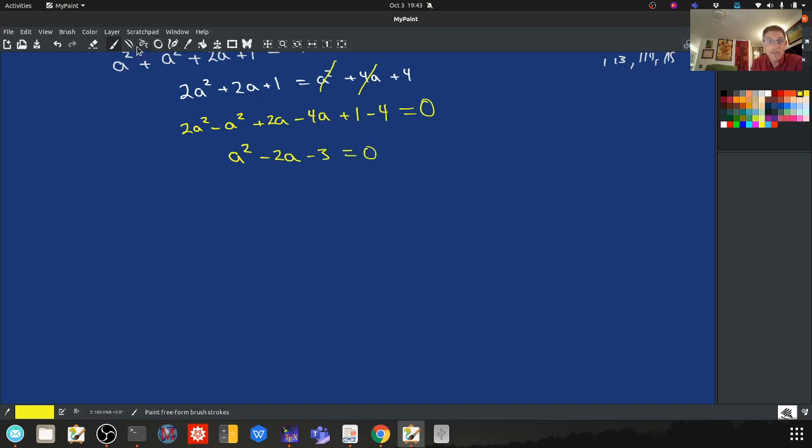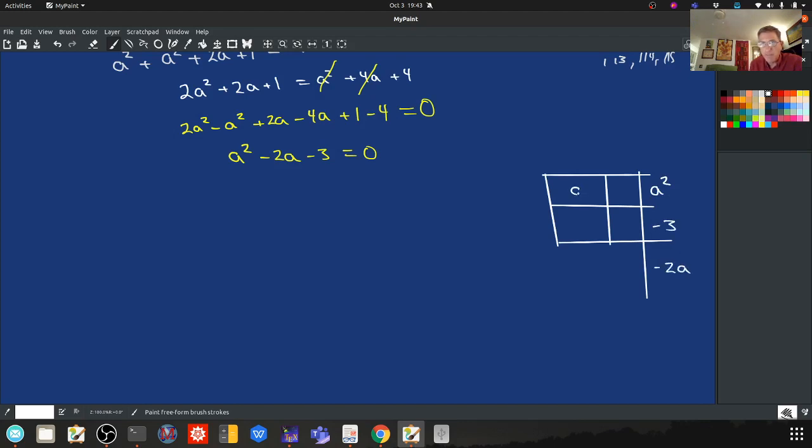So we have to factor this. The fact that minus 3 is prime is going to be helpful. It's a polynomial in A squared, minus 2A, minus 3. Well, I have no choice but to put A and A here, and minus 3 is minus 3 times 1.